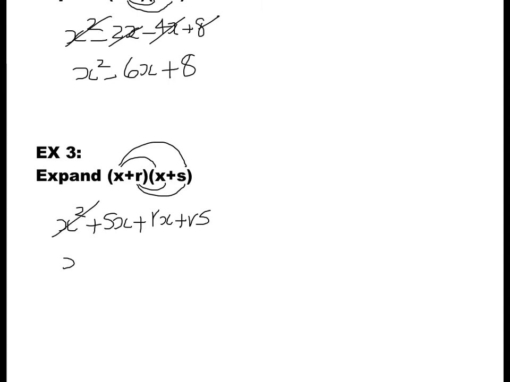Again, x² is by itself, but sx and rx have x in common, so I can factor out x, so I'm going to get s plus r. And then rs is also by itself. So this is the expansion of example 3, which is the general expansion of a binomial of the form x plus r times x plus s. Just remember, r and s are real numbers.